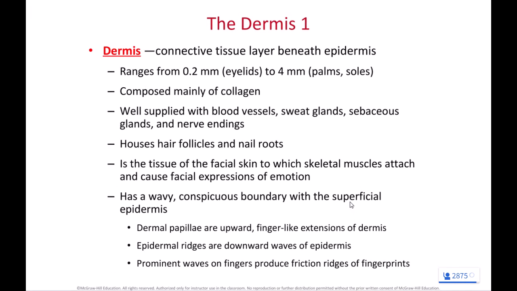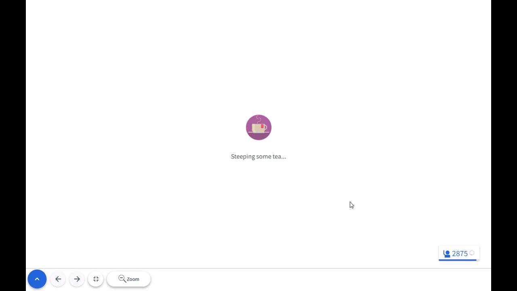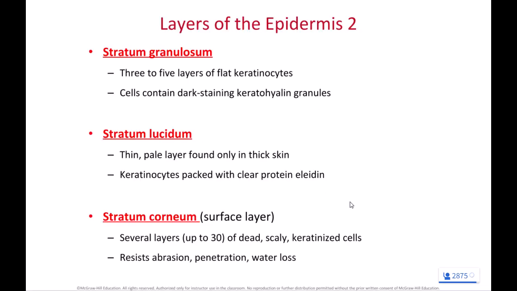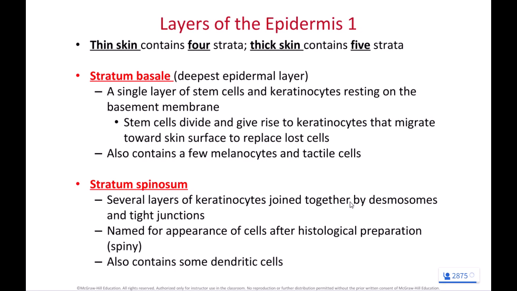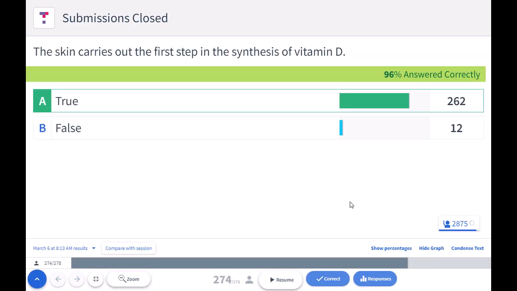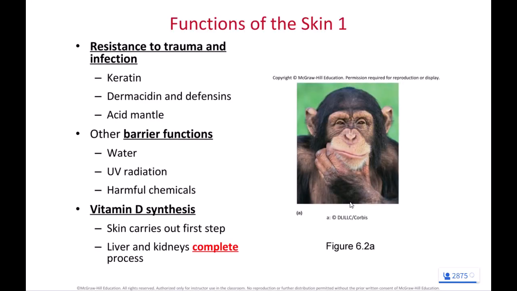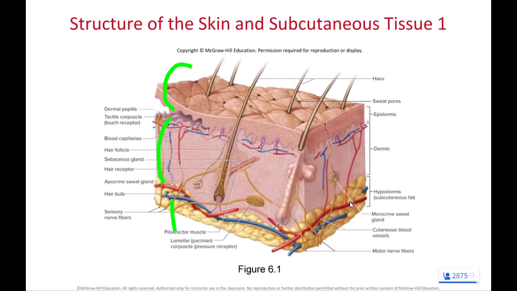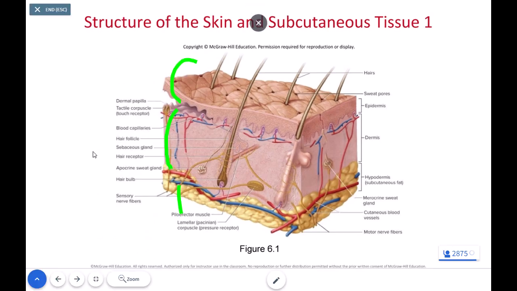Now, on our dermis, let's back up a little bit here. Here we go. As we look at our dermis, guys, gals, I want to emphasize something for you, and that is the wavy appearance of the dermis.